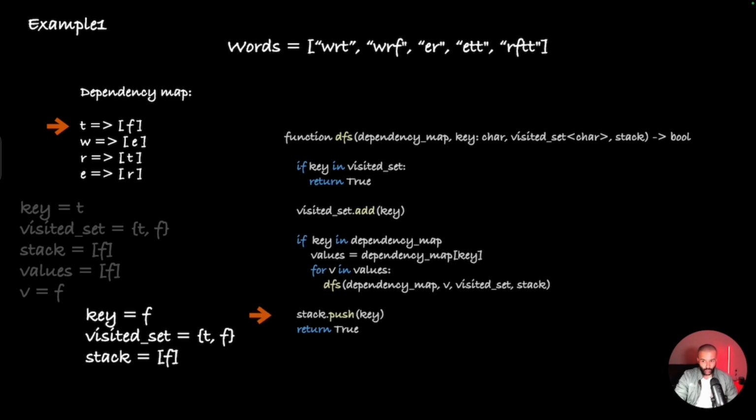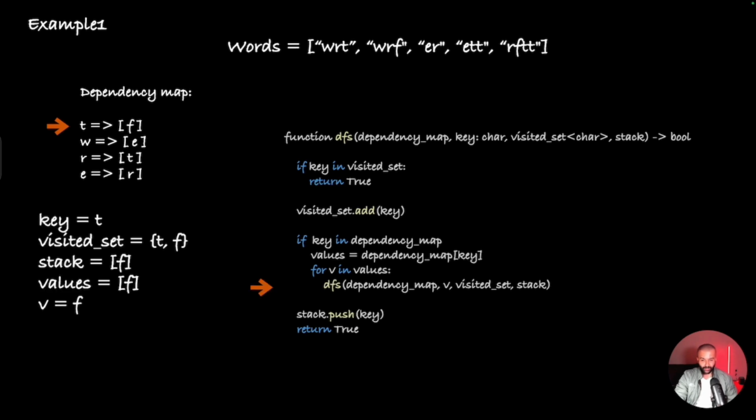We're going to push F, so F is going to be the first character in our stack. Finally, we're going to come back out of the recursion, and we are going to add T to our stack.